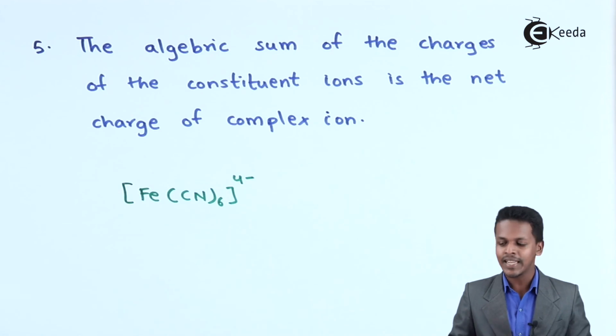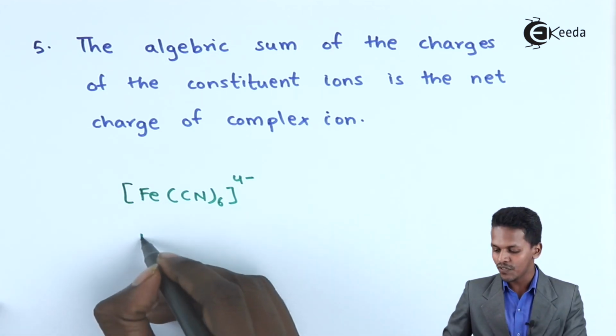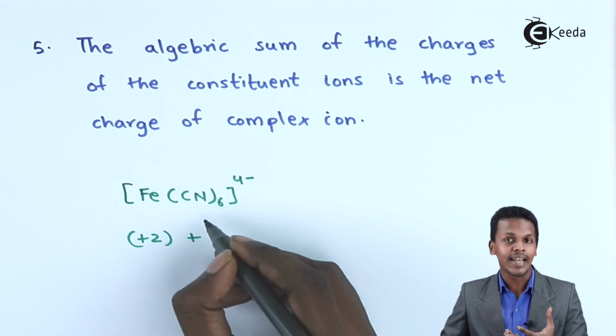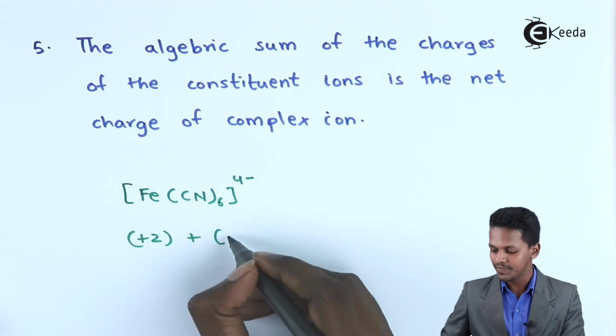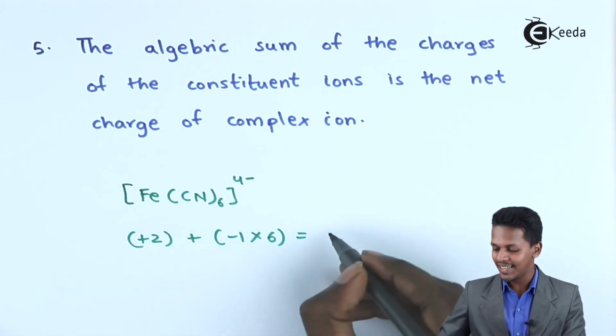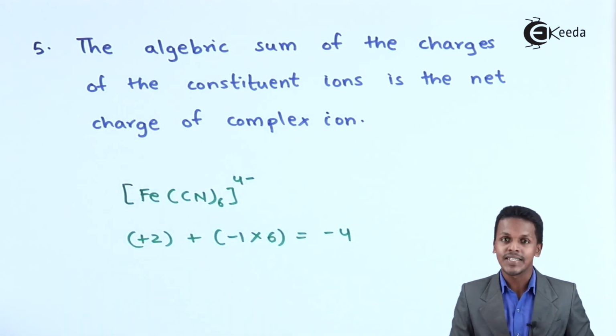The reason behind that is, here basically the Fe or the iron has a charge of +2, while each cyanide has a charge of -1. So thereby the overall charge that we could get is -4. So this is nothing but the fifth point that I was discussing.